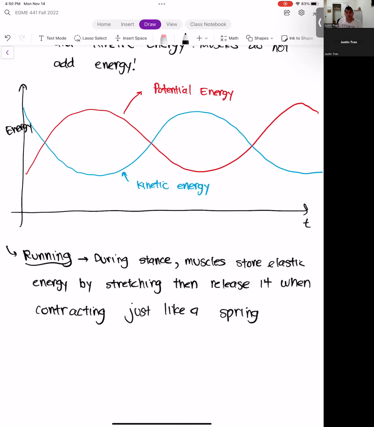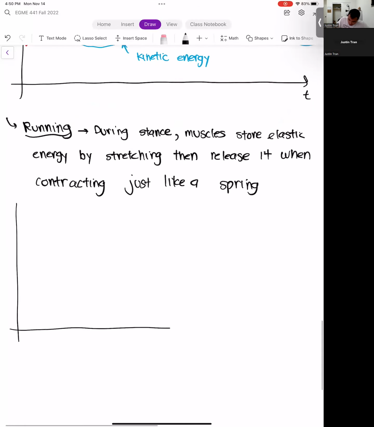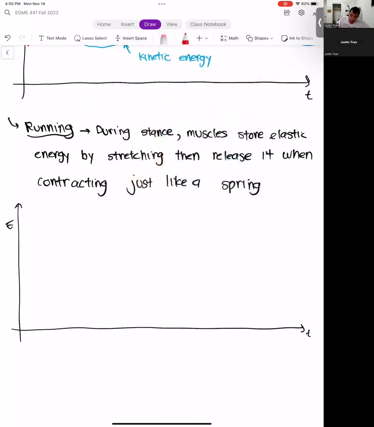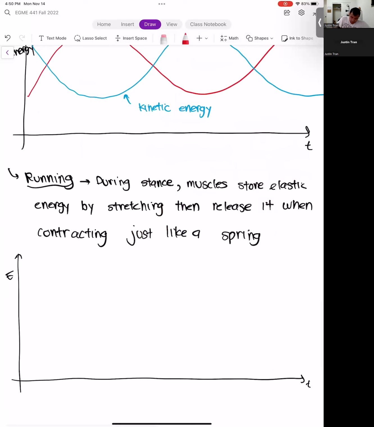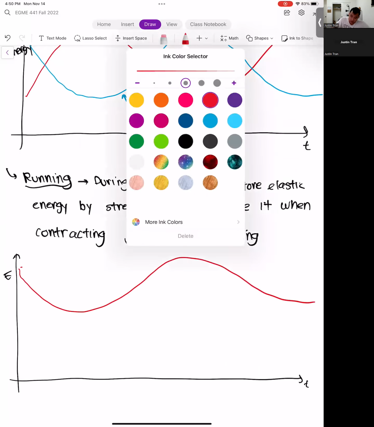If you were to draw out the potential energy and the kinetic energy, specifically the gravitational potential energy and kinetic energy, you'll see that these two are aligned, very much the same way as if you were moving forward on a pogo stick.